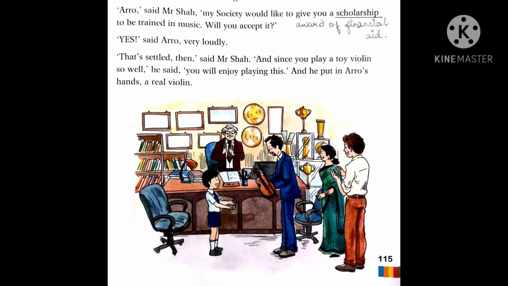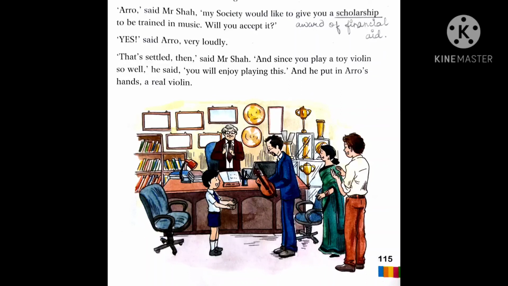He said to Arrow that my society wants to give you financial aid or financial help as an award, so that you can get your training in music. And then he asked Arrow whether he would accept the scholarship, to which Arrow replied yes, he said very loudly, because his parents always wanted him to get trained in music, and now finally he was getting the opportunity.